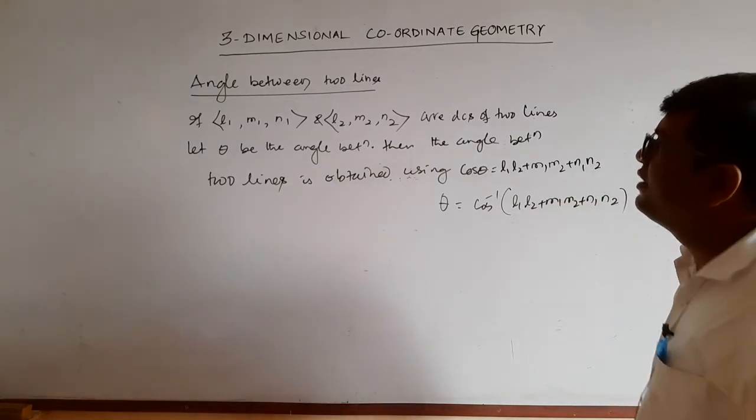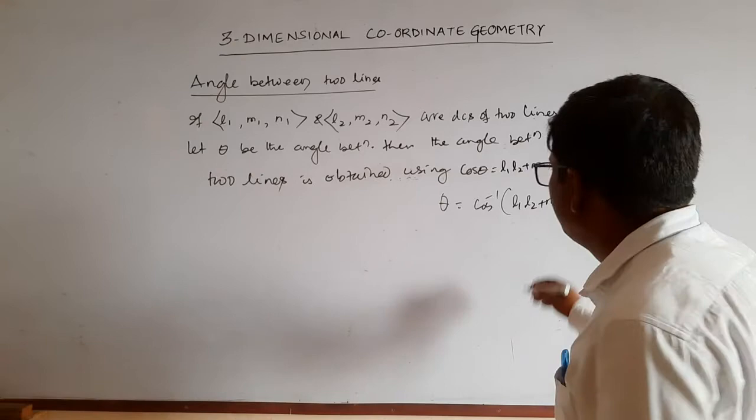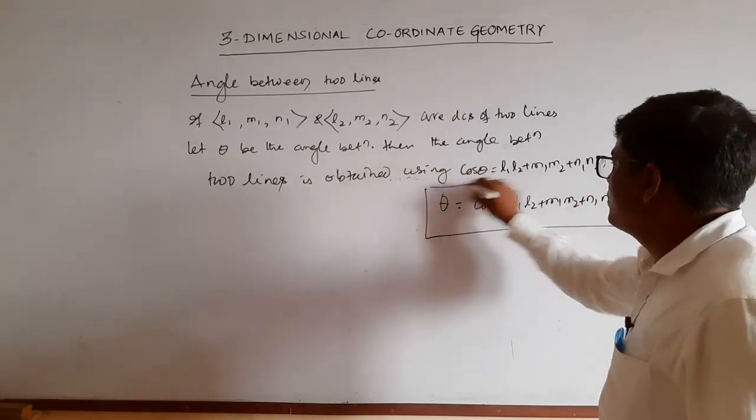This is the angle between two lines in cosine form.